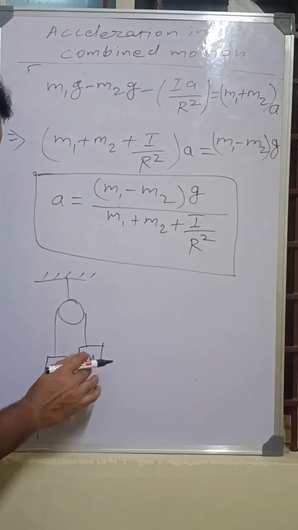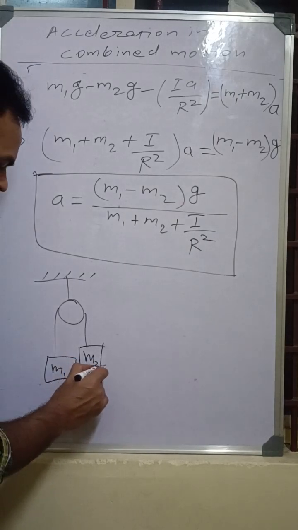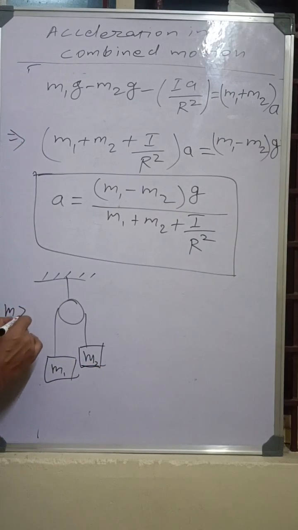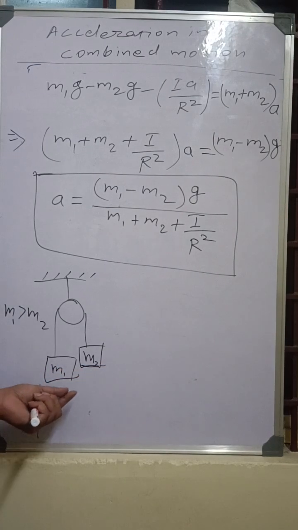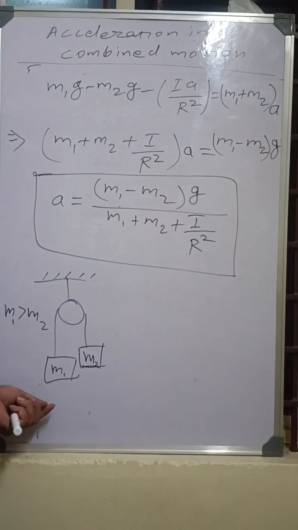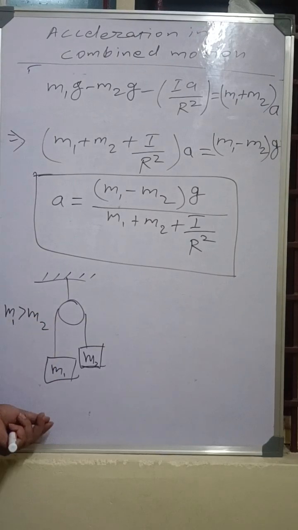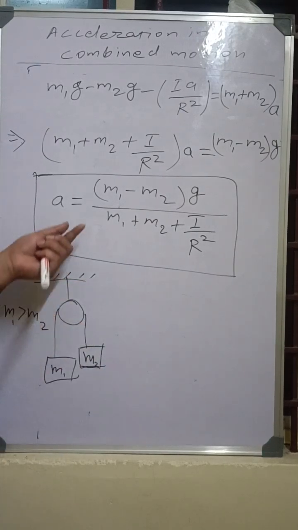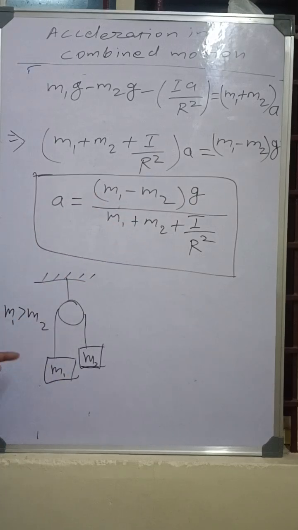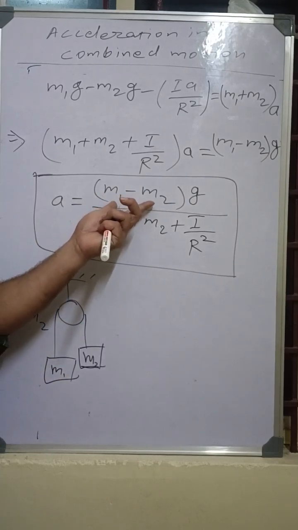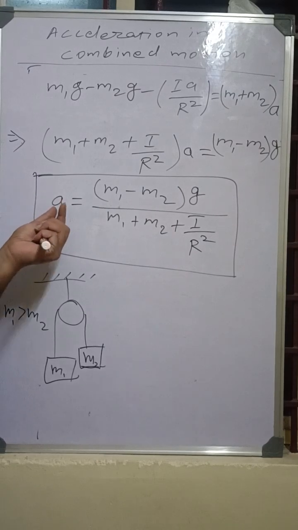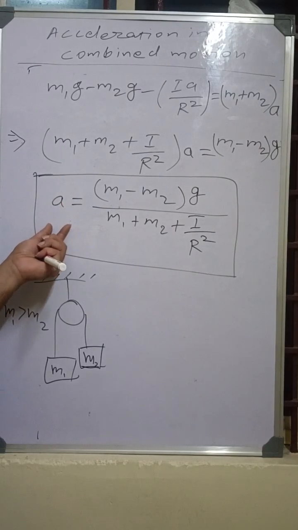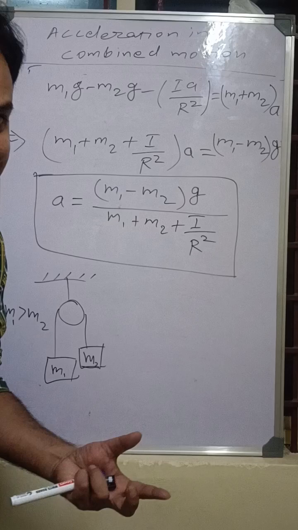As M1 is greater than M2, in general we can say M1 is heavier than M2, so obviously in general observation we can easily say that M1 will go down and M2 will go up. And from here also, as M1 is greater than M2, all terms are positive, it means A will be positive. If A is positive, it means our assumption is right.